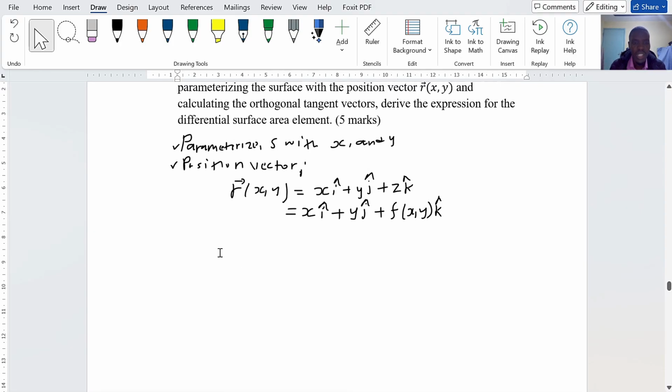Now, let's find the vector in the x direction and the vector in the y direction. So from our position vector, we can find a vector in the x direction. We can call it r_x, which we get by differentiating r with respect to x.